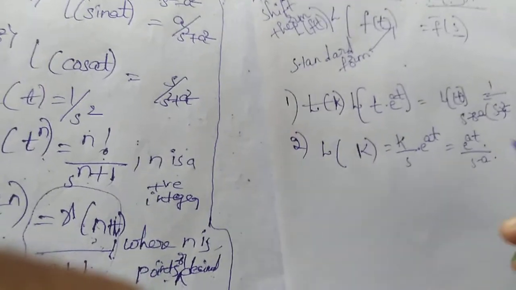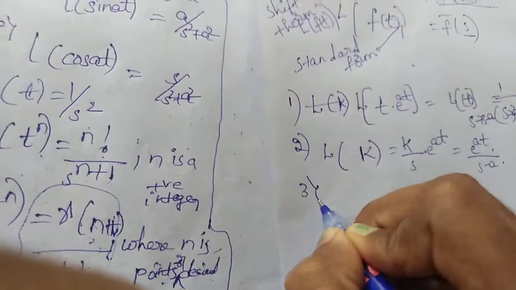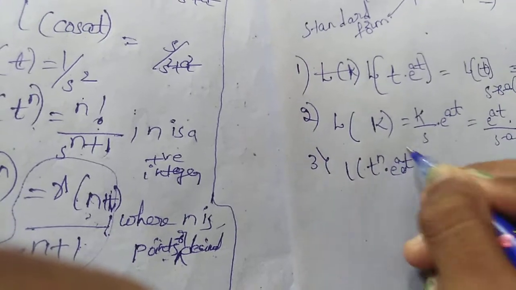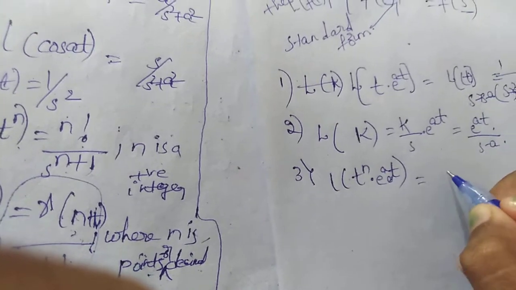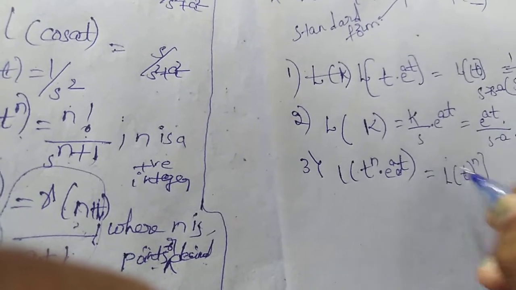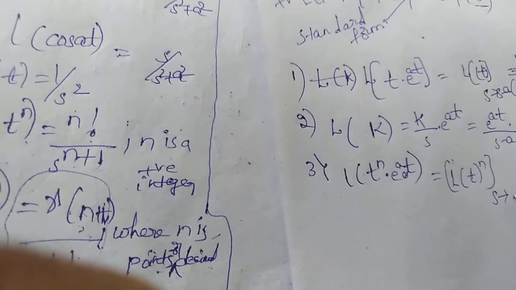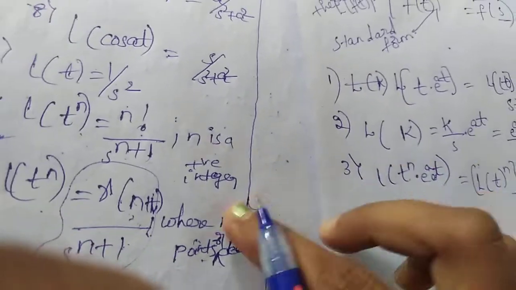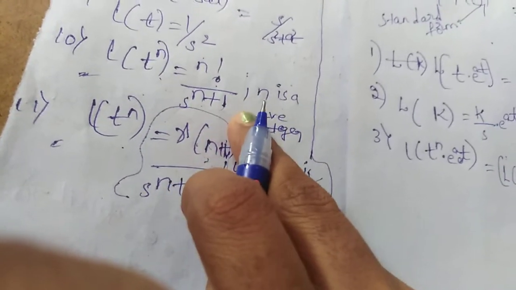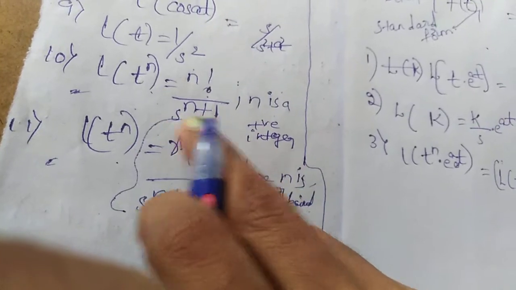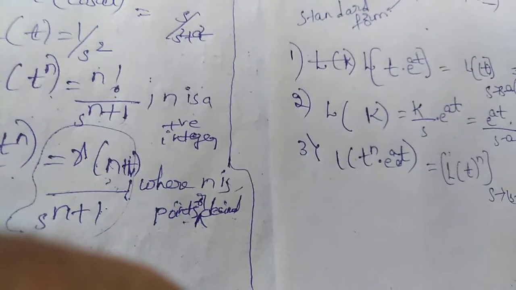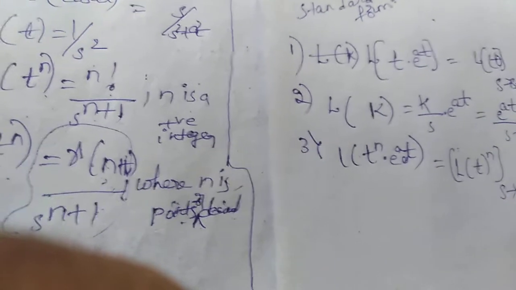Suppose L of t power n into e power at equals L of t power n with s tends to s minus a. We have the standard formula L of t power n equals n factorial by s power n plus 1, where in the place of s we write s minus a. So it is written the same, only changing the s value: n factorial by s minus a whole power n plus 1.